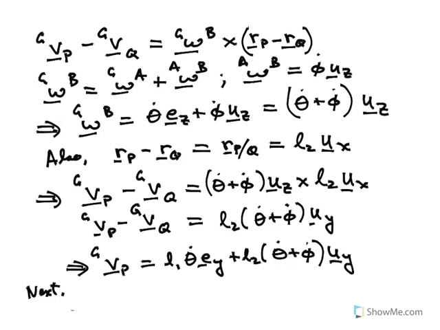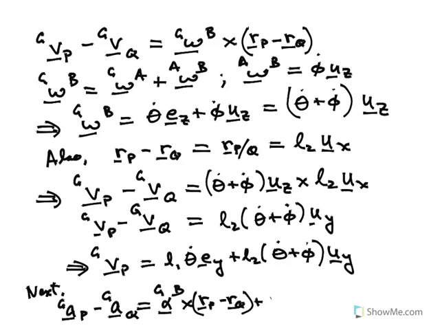So we know that the acceleration of point P in G minus the acceleration of Q in G is equal to the angular acceleration of B in G crossed with the position of P minus the position of Q plus the angular velocity of B in G crossed with the angular velocity of B in G crossed with RP minus RQ.